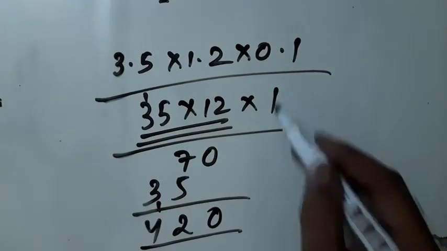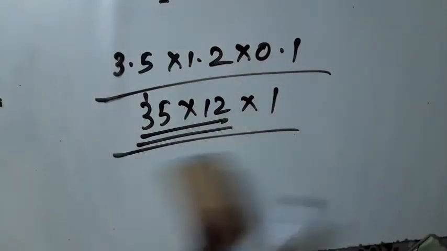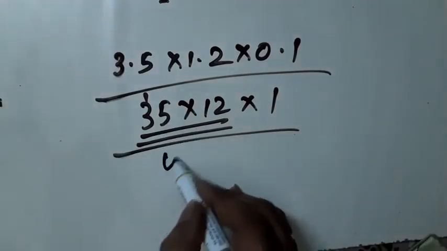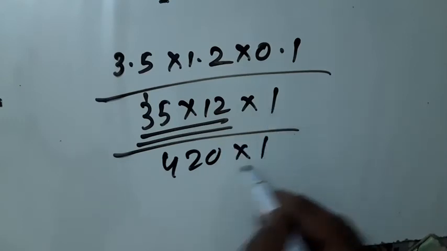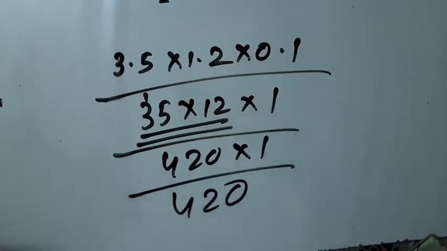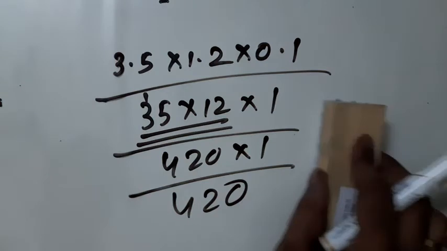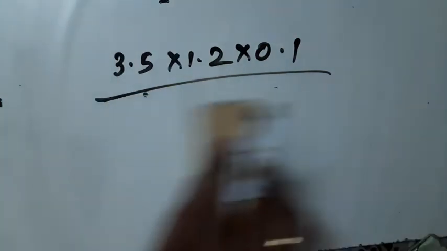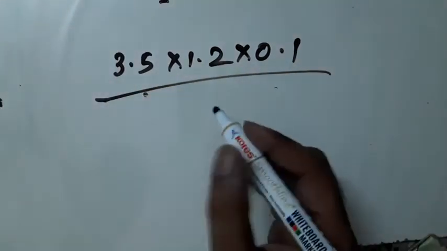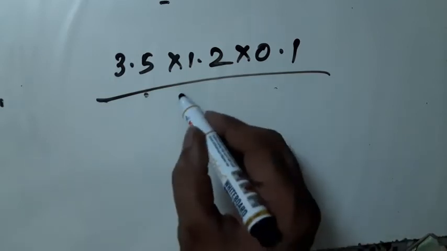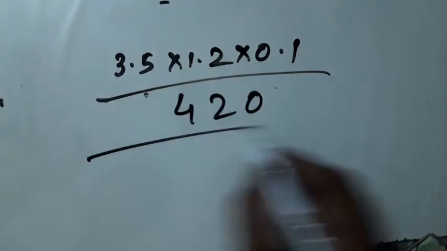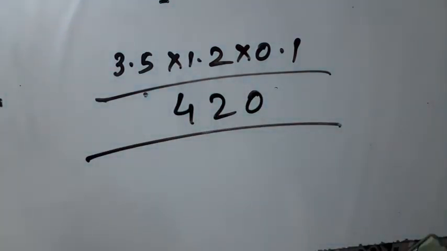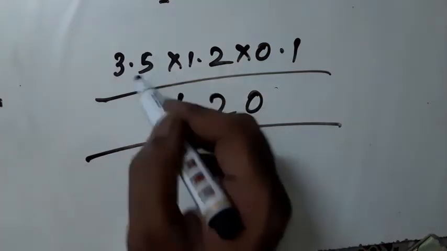After that we have to multiply by 1, because this answer is 420. Again multiplying with 1, we get 420 only. So you just have to get the answer after multiplication of the three numbers without the point. Here we get 4200. Now we'll count the number of decimal places in the question.